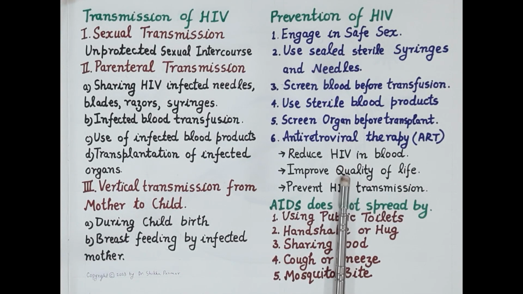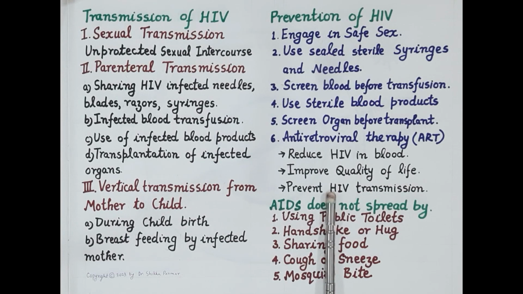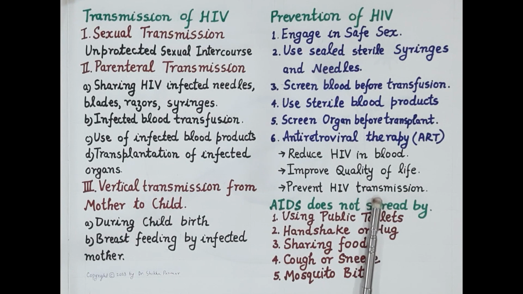It improves the quality of life, and it also prevents HIV transmission to healthy partners. So use of ART also prevents progression of HIV infection to AIDS. So this is how HIV infection can be prevented.